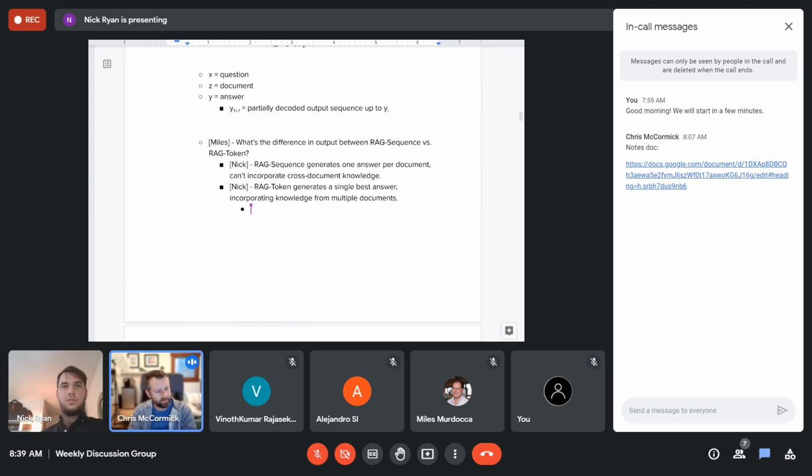Yeah, and then it sounded too like it doesn't really just pick a token, given a particular document. It includes the probabilities. So let's say the dog's name is Sparky.